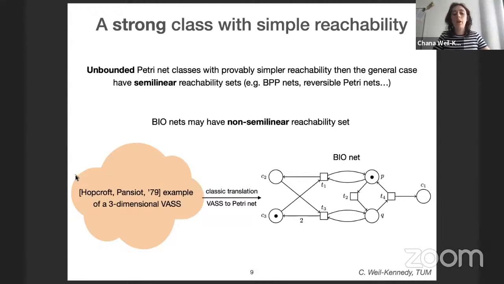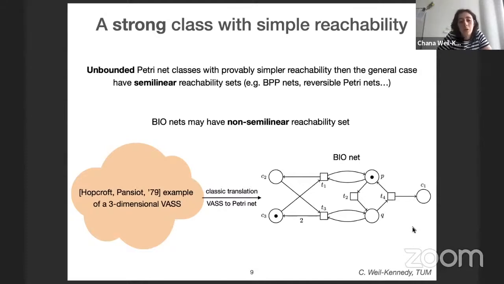If you know, there's this classic example in the Hopcroft-Pansiot paper of 79. It's an example of a three-dimensional vass, which has a non-semilinear reachability set. And if we directly translate it into a Petri net, we get this Petri net, which is in fact already simply a bionet.